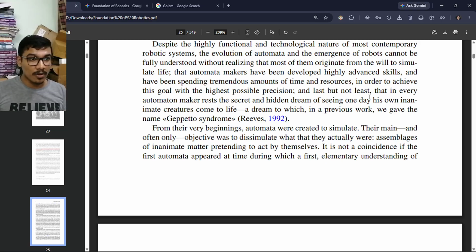And last but not least, that in every automaton maker rests the secret and hidden dream of seeing one day his own intimate creature come to life, a dream to which in a previous work we gave the name Gepetto syndrome.